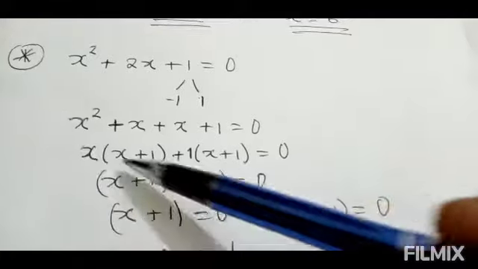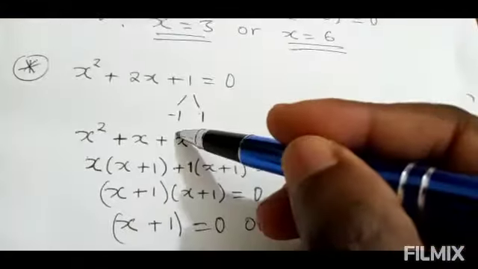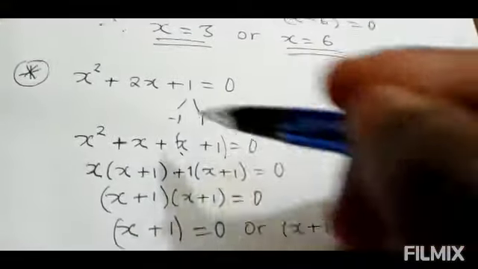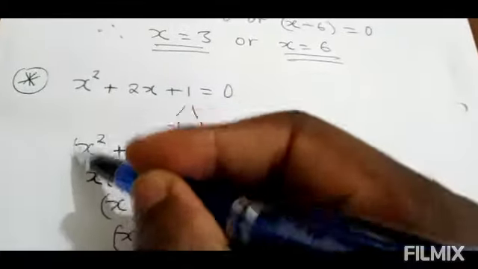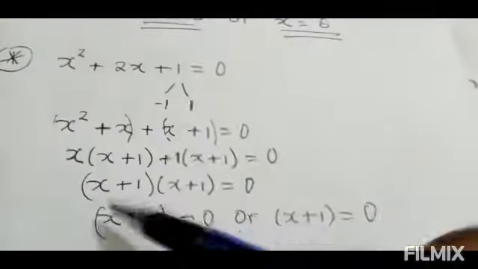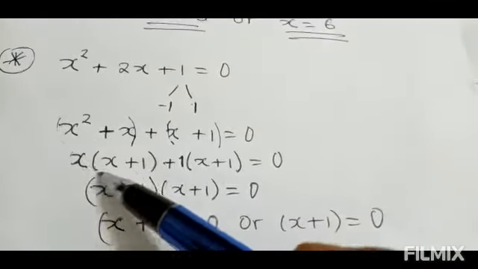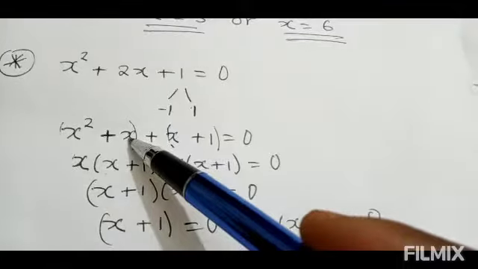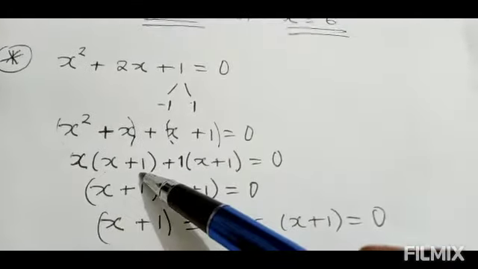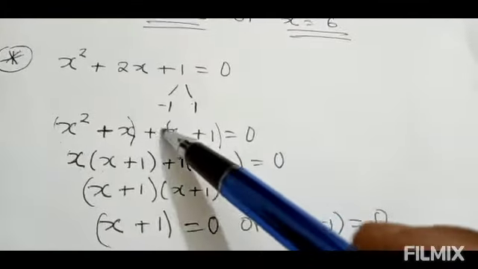So when we group these, what is the common term here? x. We remain with x plus 1. Then here, the common term is 1.